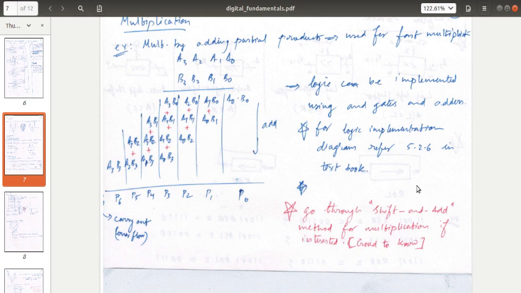So it is efficient with regards to hardware complexity, but it is slow. Anyway, the shift and add method is not in your syllabus, but I strongly urge you to go through it at least once, so you will get a sense of it.